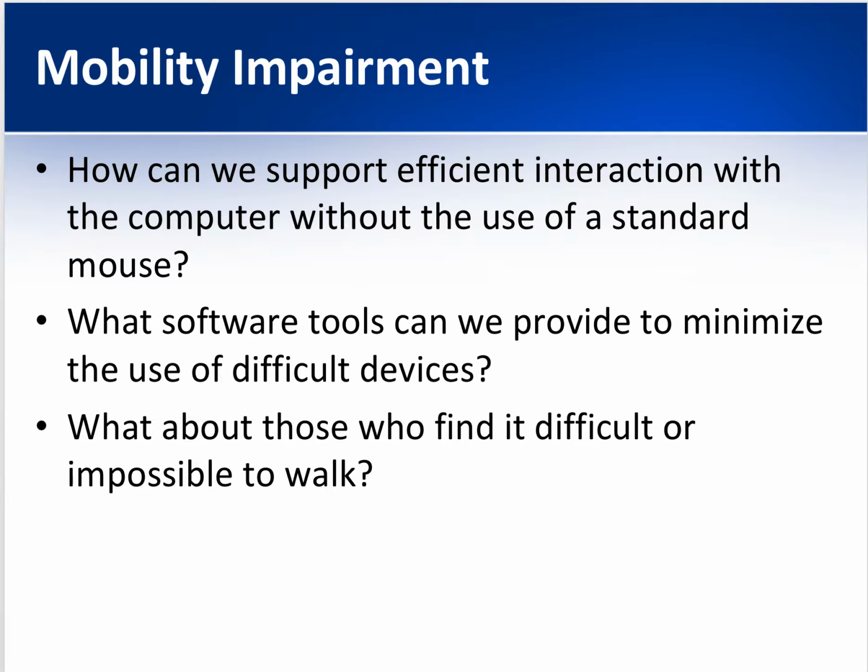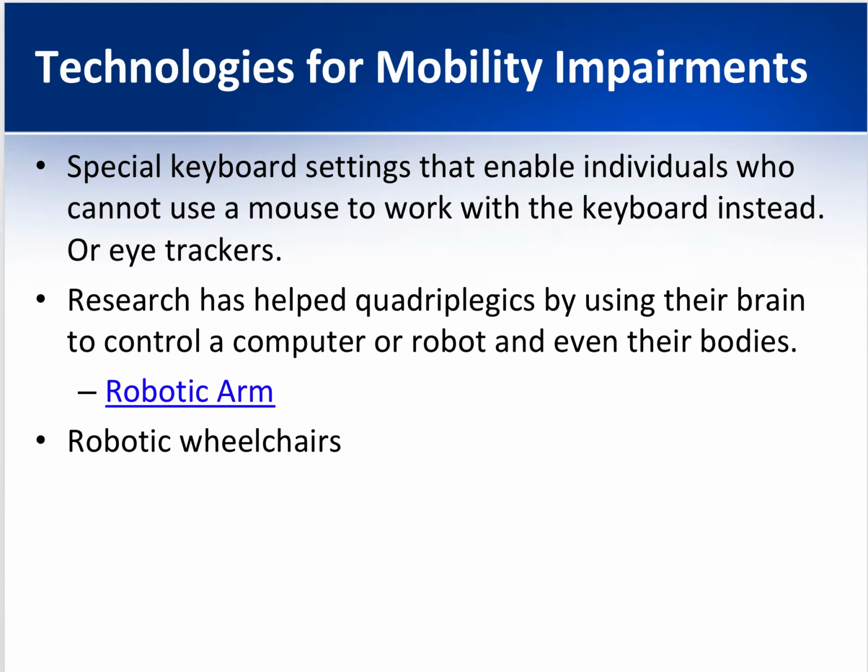How can we support efficient interaction with the computer without the use of a standard mouse? So people with mobility impairments may not be able to use a mouse. What software can we provide them to make things easier? What about people who can't walk? So I have different examples here, and there's many more, but there's different keyboard settings so that those who can't use a mouse can still use the keyboard.